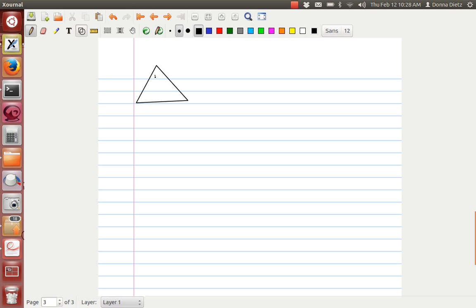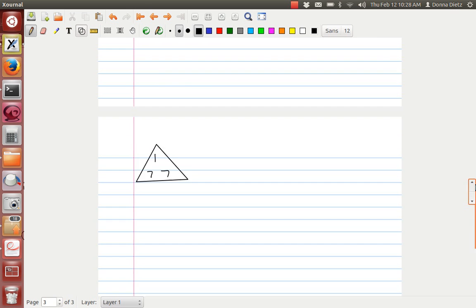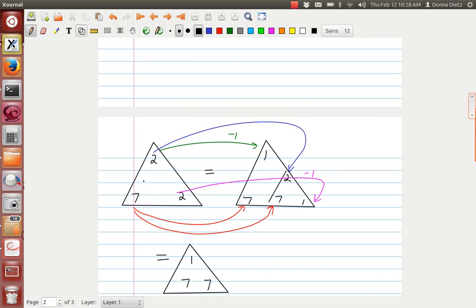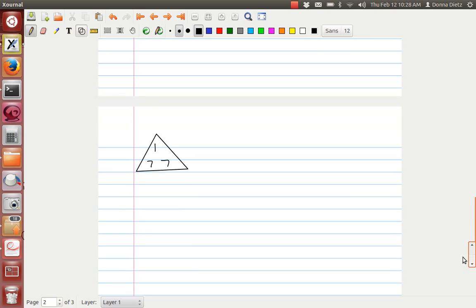So we just showed that this triangle that has 722 has to be the same as the triangle 717. Okay, now we got to figure that out.